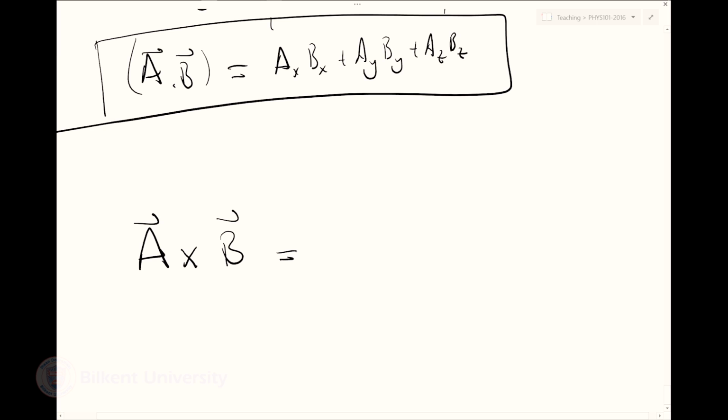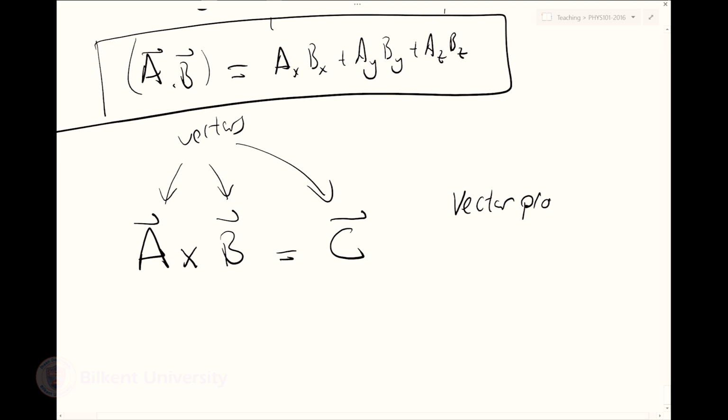So all of these are vectors. Because this is creating one vector out of these 2 vectors, sometimes it's called the vector product, or because it's shown by a cross instead of a dot, this is more commonly referred to as a cross product.